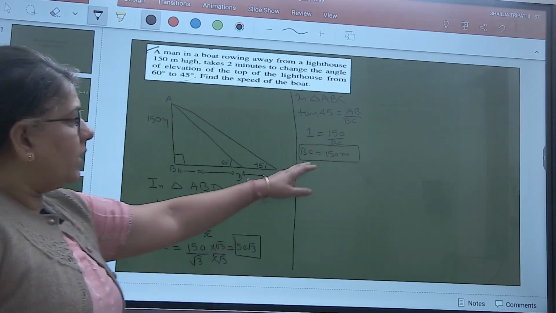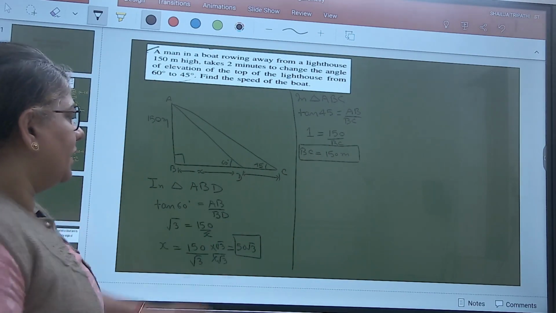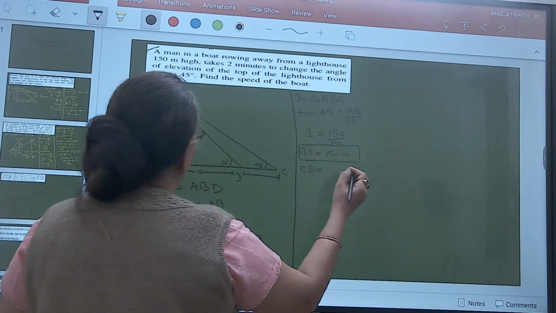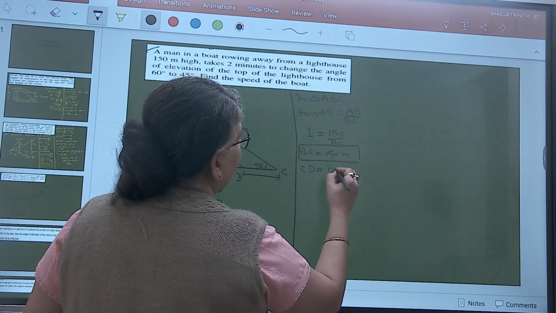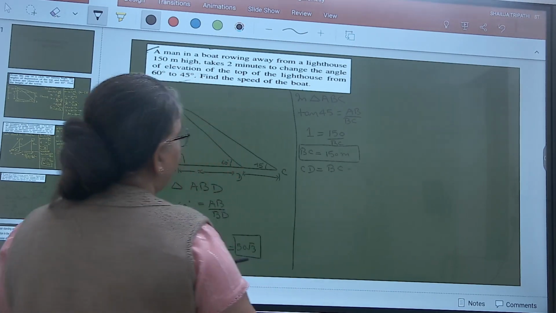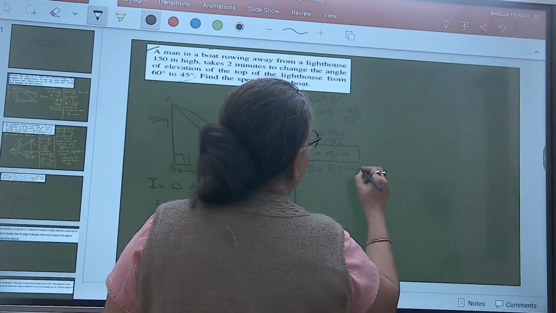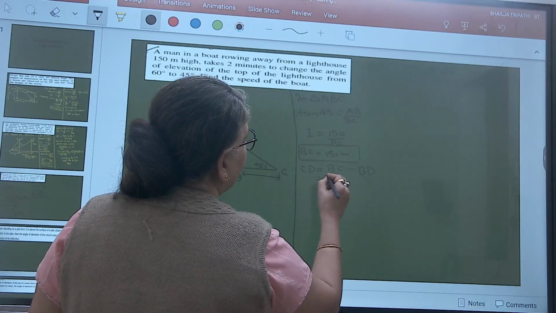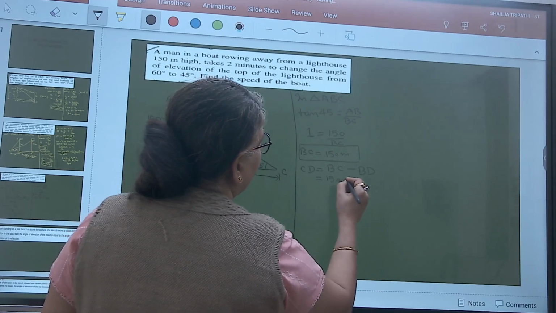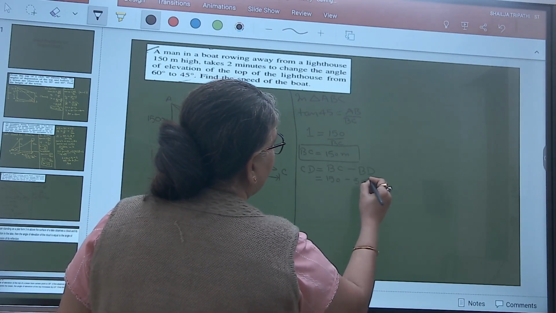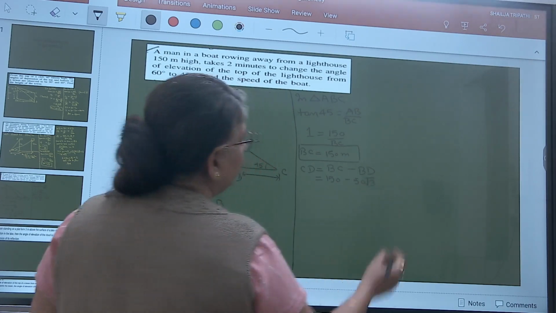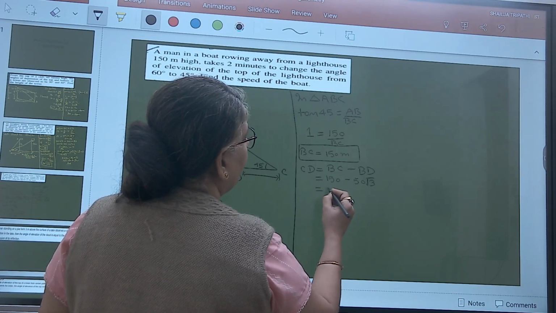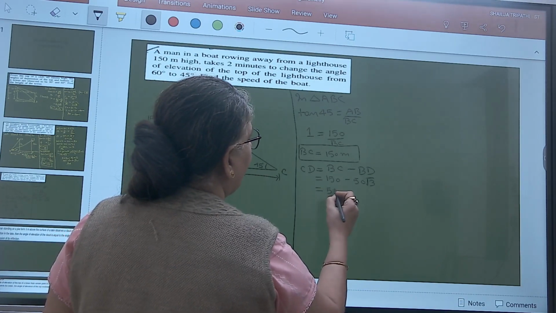See, from these two data we can find the value of CD. So CD is equal to BC minus BD. So let's put the value, 150 minus 50 root 3. Now what we can do, we can take out 50 common.